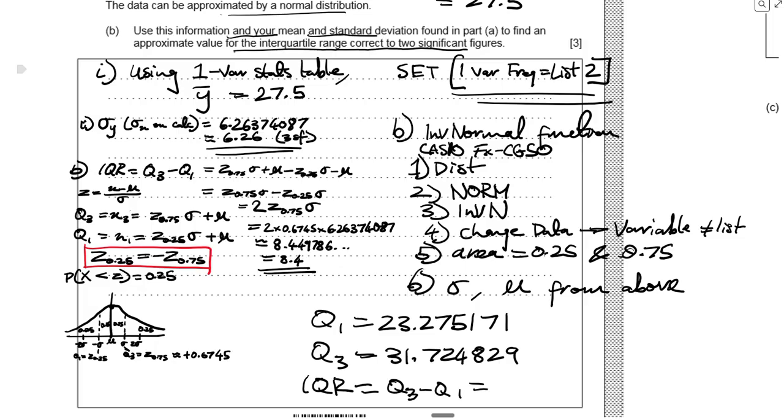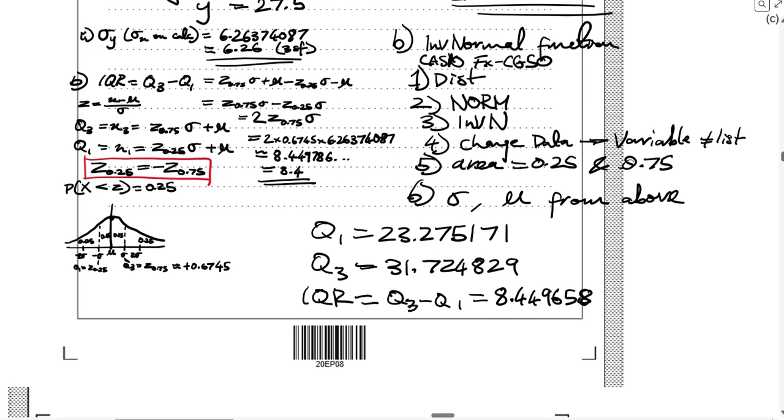And that gives me 8.449658. And so it's probably more accurate than this one. And all I have to do is 8.42 SF, right? And so this would be more accurate.